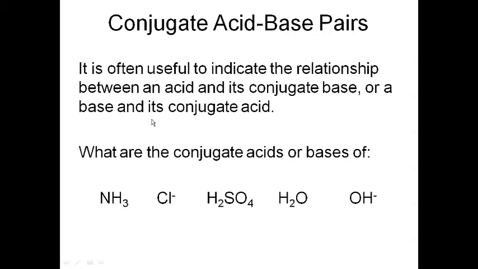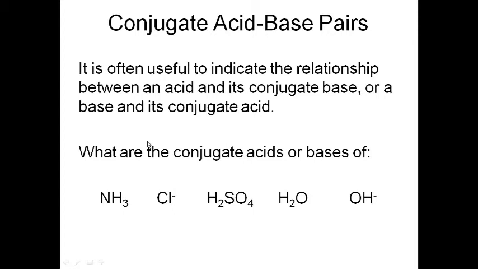When you talked about acid-base in general chemistry, you talked about conjugate acid-base pairs. Your conjugate acid-base pairs were basically the base produced after an acid reacts, or when a base reacts, what acid does it produce?